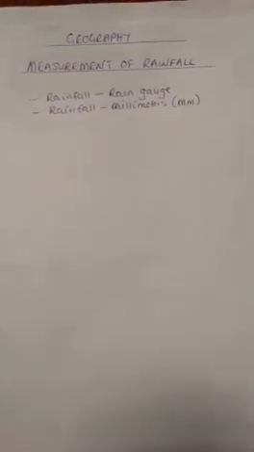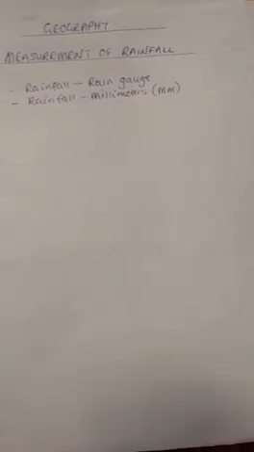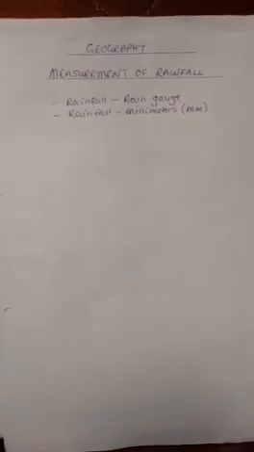So we are saying rainfall is measured by an instrument called the rain gauge, and it is measured in millimeters. The measurements of rainfall are taken every 24 hours.